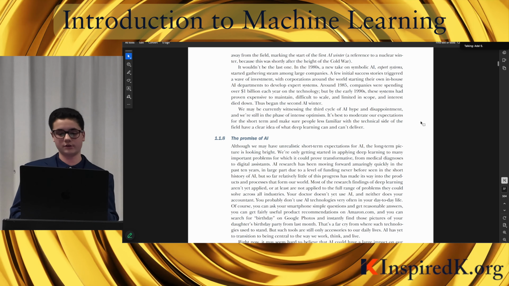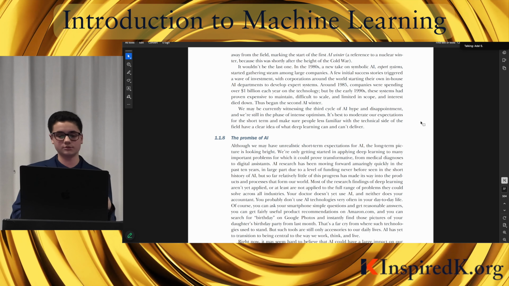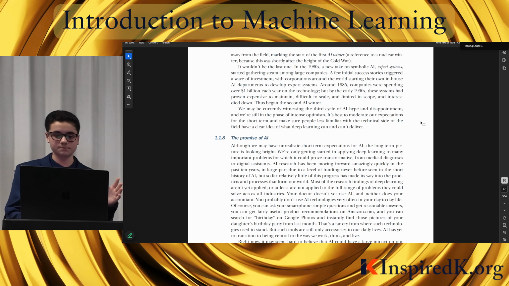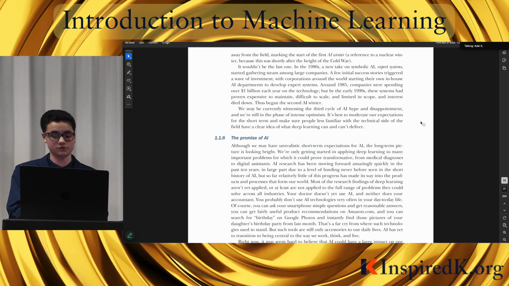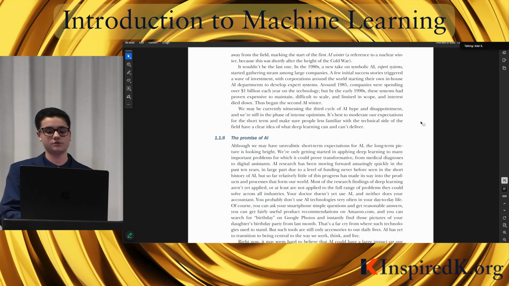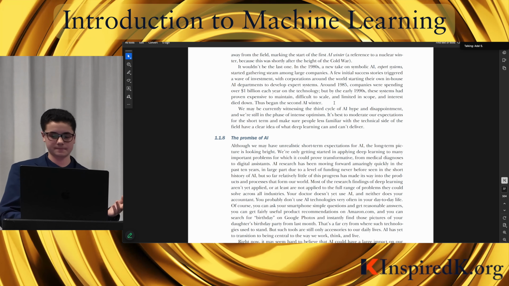Then the second AI winter occurred in 1980 when a new take on AI called expert systems was having several different initial successes. However, later it was found that these models were extremely expensive to maintain as well as very difficult to scale, leading to the second AI winter with little investment and little innovation.